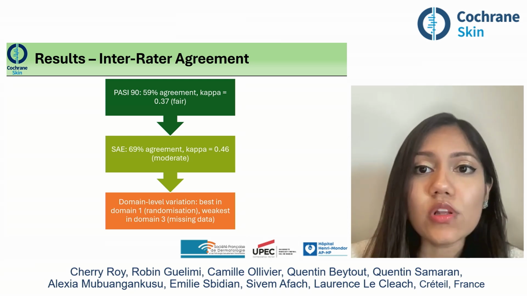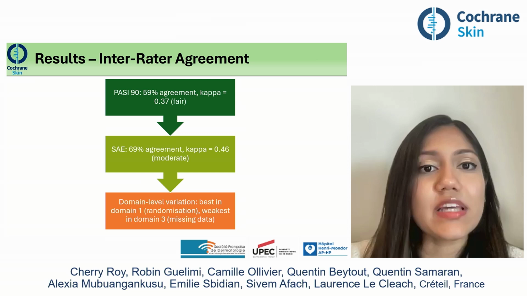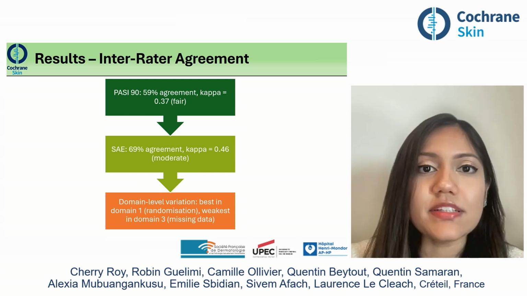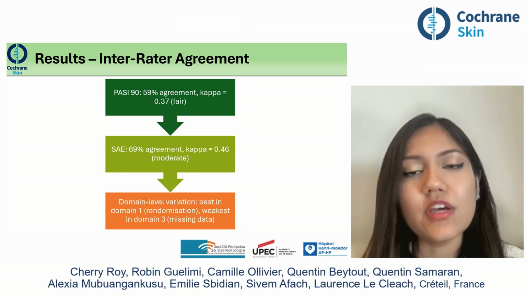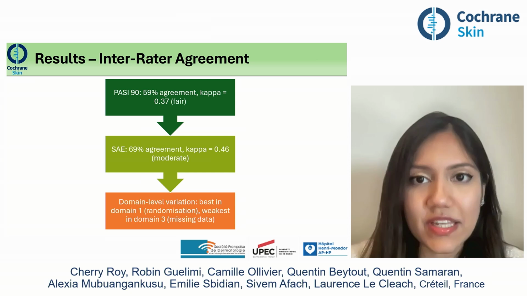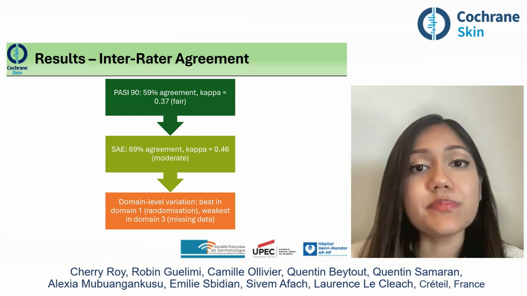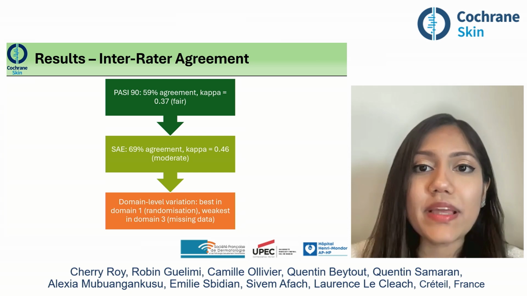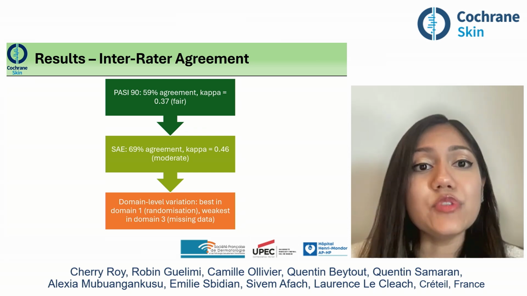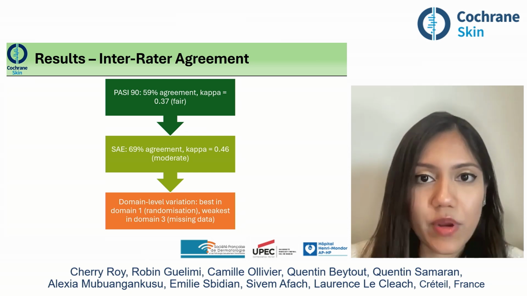Next slide, please. So we assessed inter-rater reliability using Cohen's kappa, as I mentioned, for PASI 90. You can see the overall agreement was fair with a kappa of 0.37, while the serious adverse effects was moderate with 0.46. Looking at the domains, domains 1 and 4 showed substantial agreement, while domains such as missing data, domain 3, only showed fair agreement.